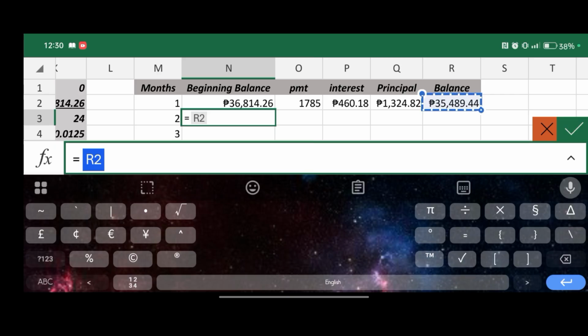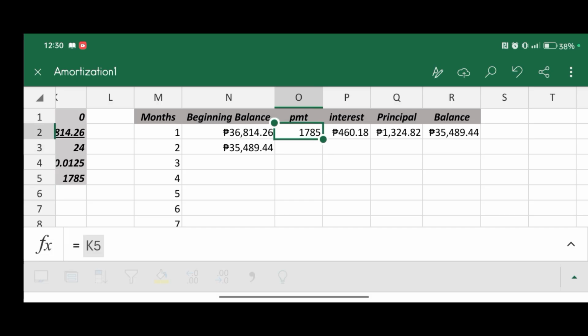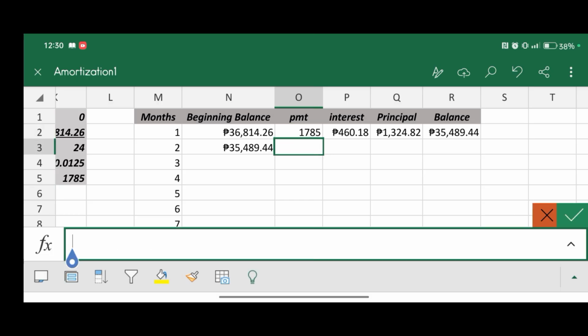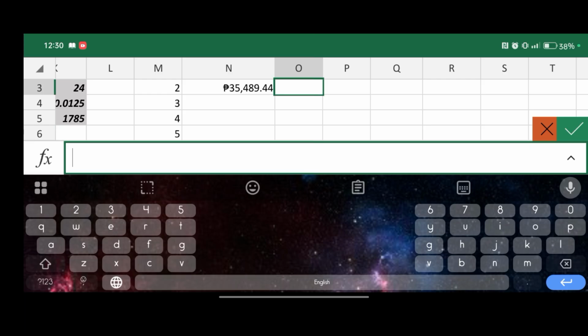Then enter. Since the payment is constant and cannot be changed, to keep it going we should put dollar signs before and after the letters of its corresponding column.